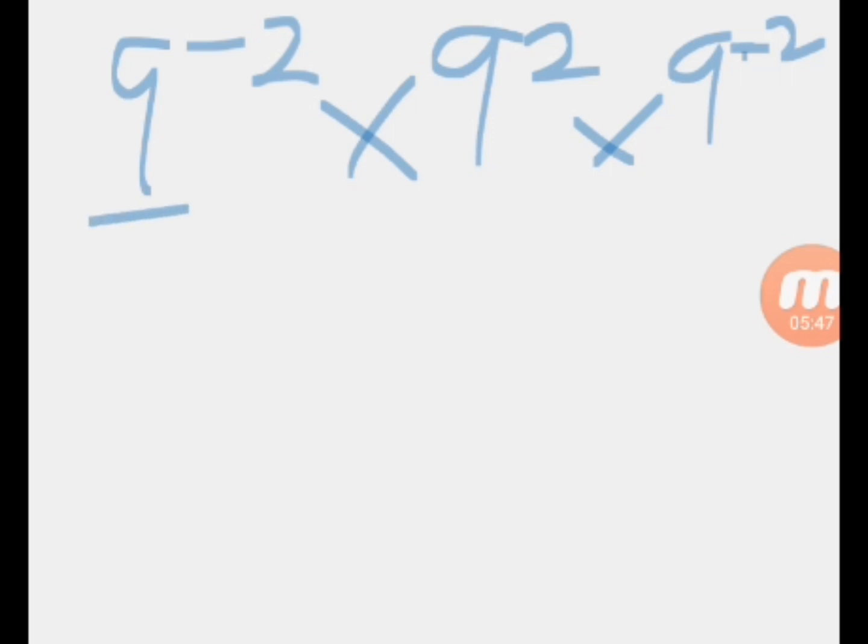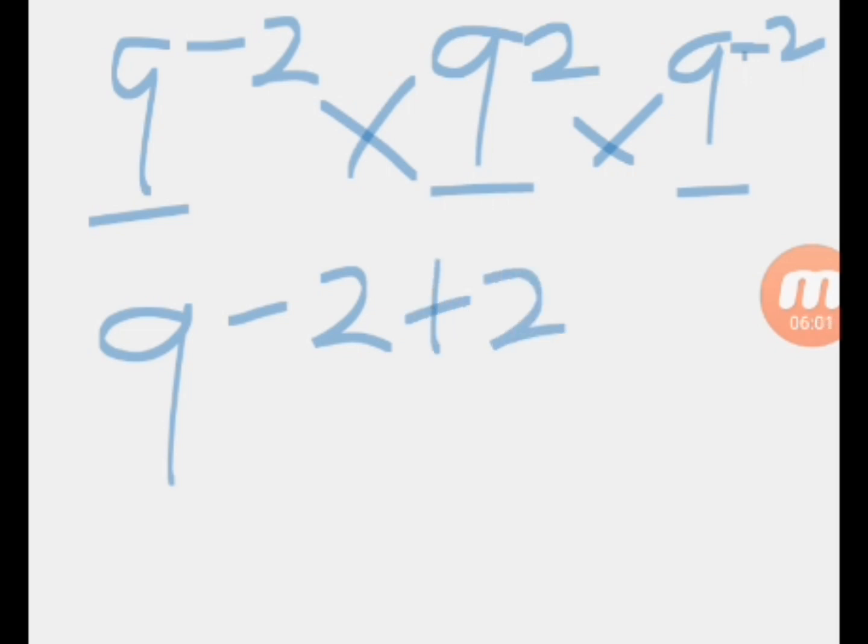Now, because they have the same base, 9, we are going to take 9, which will give us 9 raised to the power minus 2 plus 2 minus 2. It's very clear. You just take the common base, which is 9. The first part is minus 2. The second part, remember, the 2 up there just simply means plus 2. And this one is minus 2.